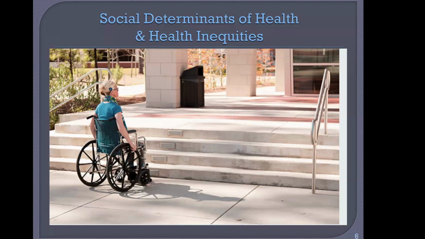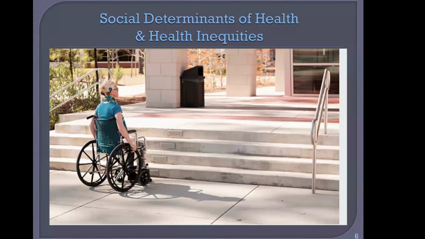According to the Centers for Medicaid and Medicare, health equity means the attainment of the highest level of health for all people, where everyone has a fair and just opportunity to attain their optimal health regardless of race, ethnicity, disability, etc. According to Healthy People 2030, there are 5 main social factors called the social determinants of health.